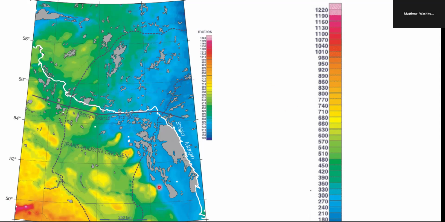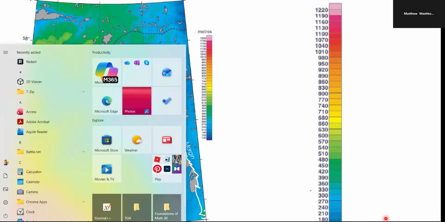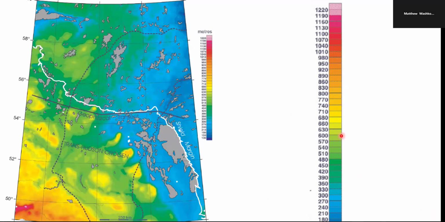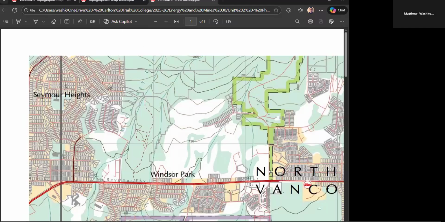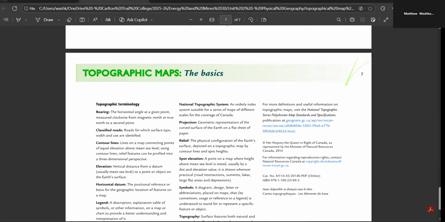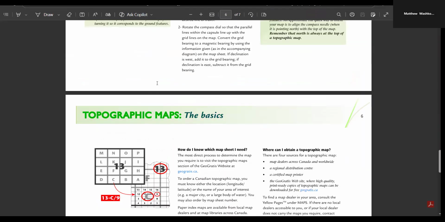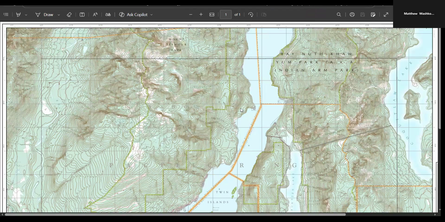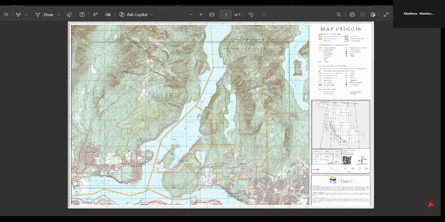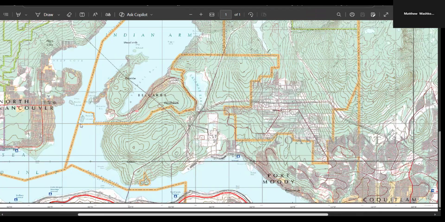Okay. So the big thing you are going to need for this is these bad boys. So these here, this is a Vancouver topographical map. Now, right now, this should make no sense to you. That's fine. This is a very high quality one.